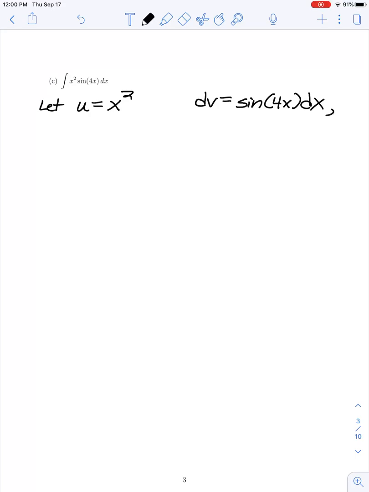So to use the integration by parts formula, I need to find du. So here we would have 2x times dx, and v would be the integral of sine 4x, which is negative 1/4 cosine of 4x.